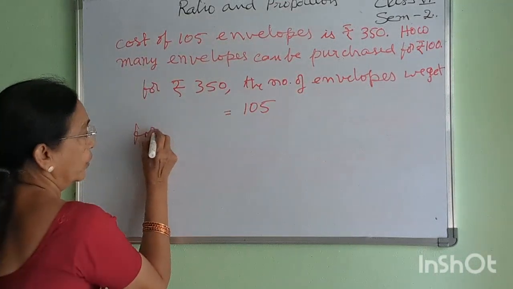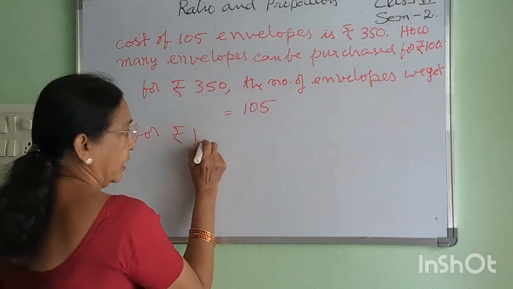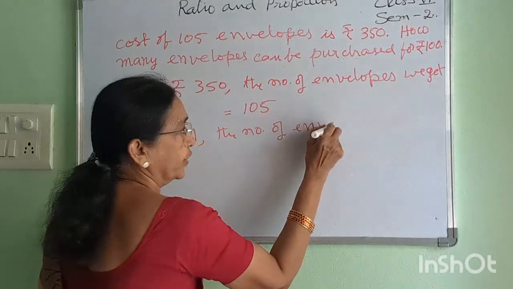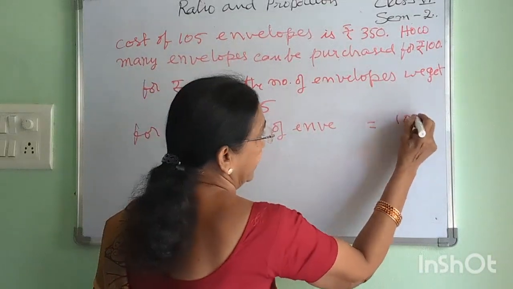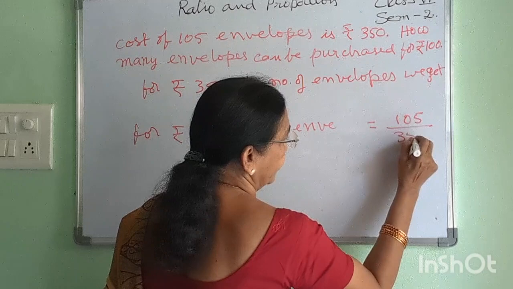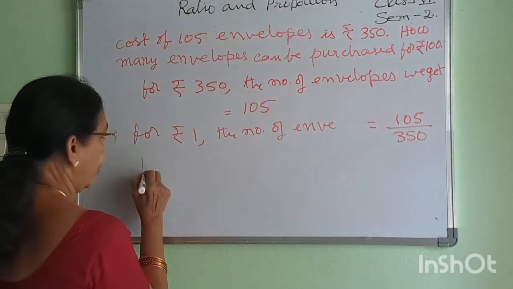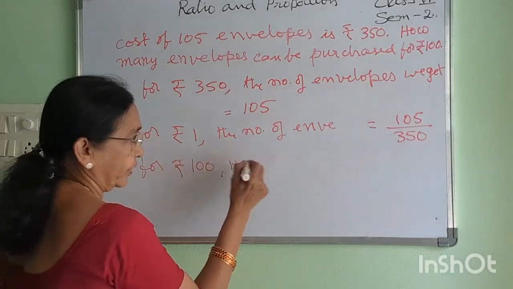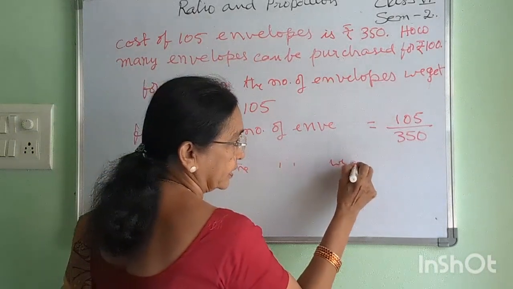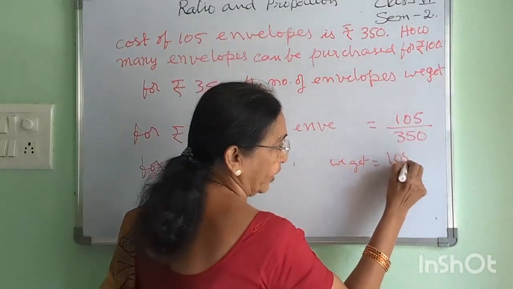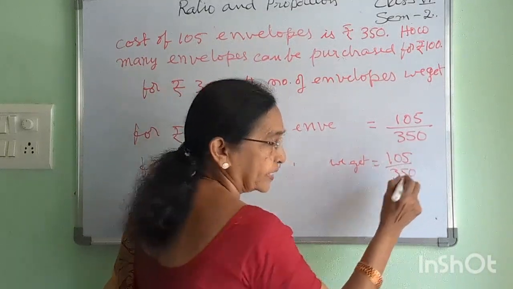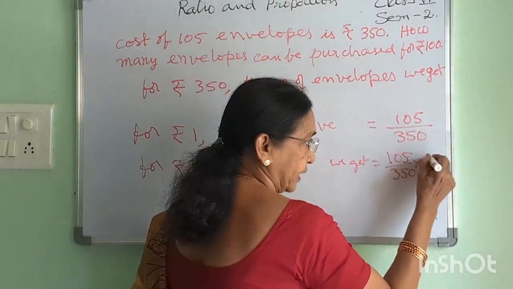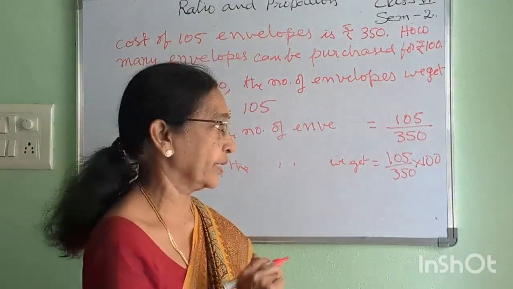So for rupee 1, the number of envelopes we get is equal to 105 by 350. So for rupees 100, the number of envelopes we get is equal to 105 by 350, that is the number of envelopes we get for 1 rupee, into 100.